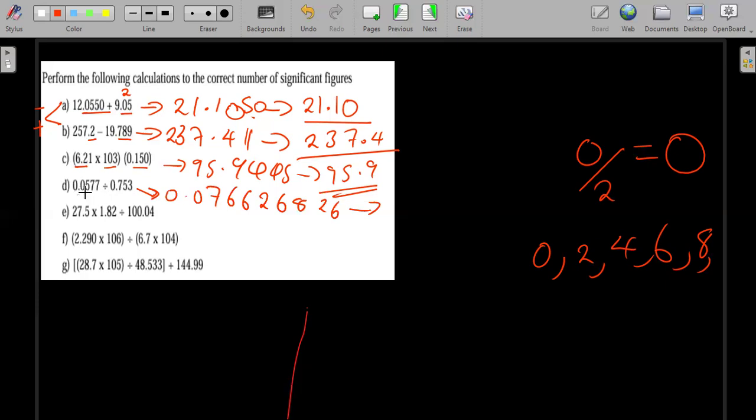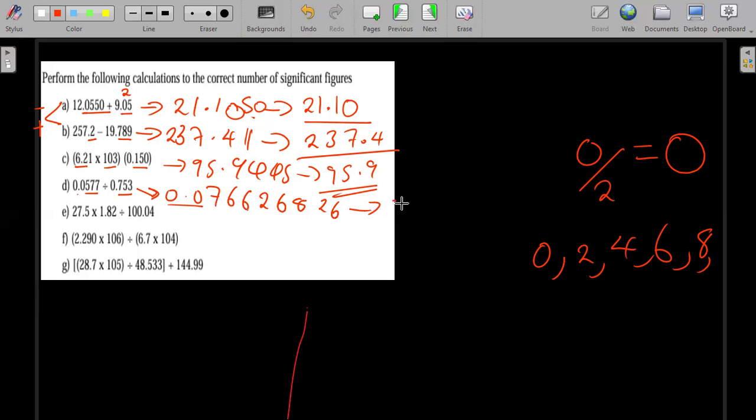So how many significant figures are we having? Here we have three significant figures, and also here we have three significant figures, meaning our answer should have three significant figures. So these digits are not going to be significant. We can get 1, 2, 3; these three are going to be significant.